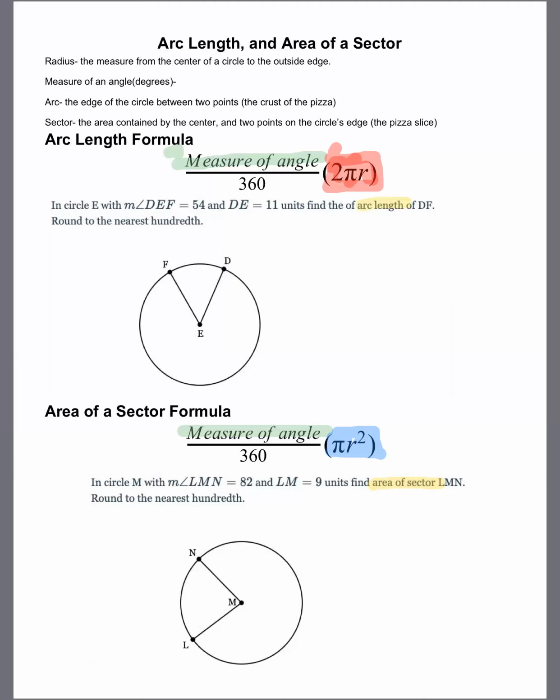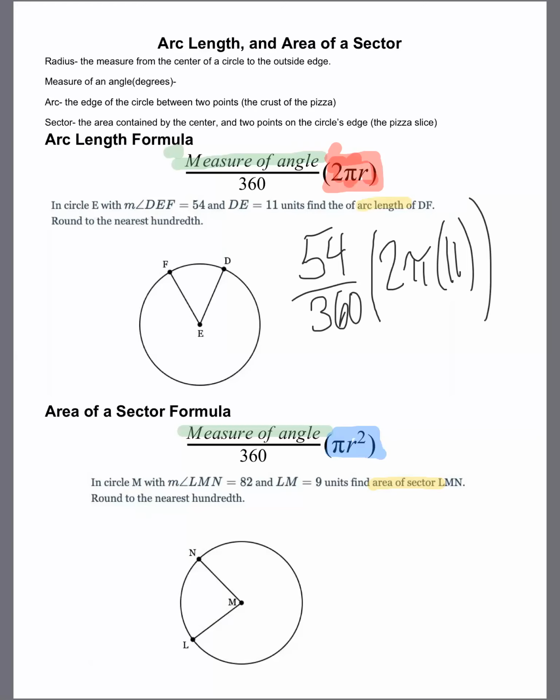And how do we solve these problems? Then you just type it into your calculator. For the first one, we had 54 divided by 360 times 2 times pi times 11.